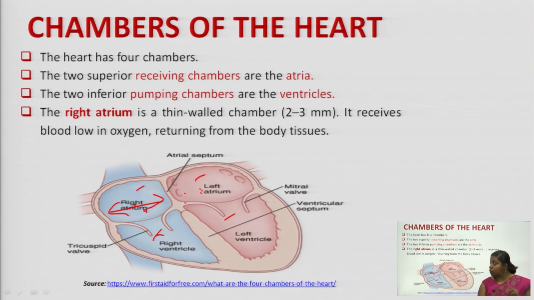So from all of our body tissues, the blood will be taken up by the veins, that is the superior and inferior vena cava, and these veins collectively drop the deoxygenated blood into the right atrium. That is the first section.